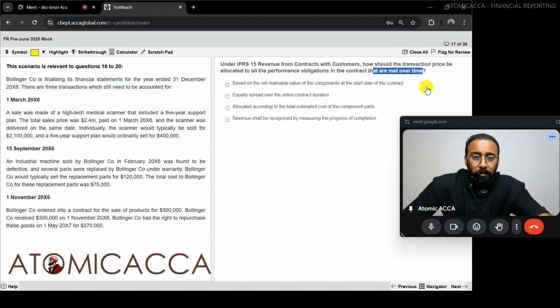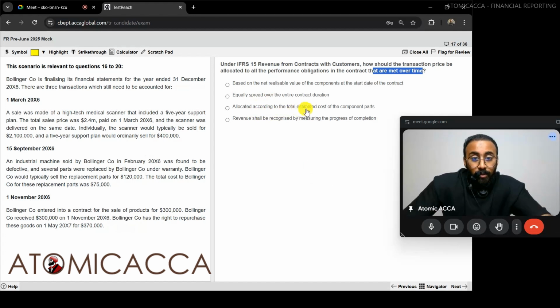So, based on the net realizable value of the components at the start date of the contract: nothing related to NRV or information at the start date is needed in order to record the revenue. So option 1 is out. Equally spread over the entire contract duration depends upon the revenue, but it's not always applicable.